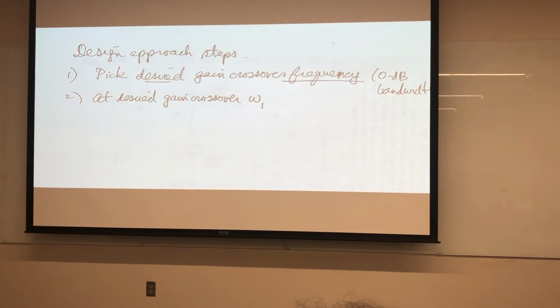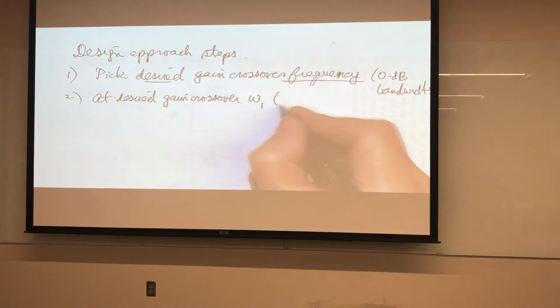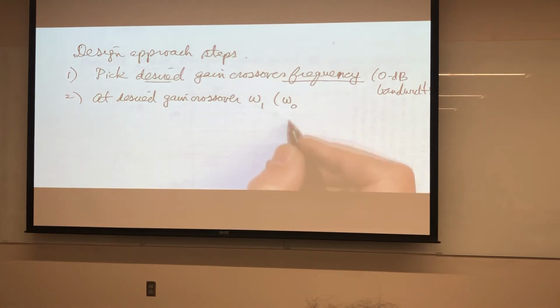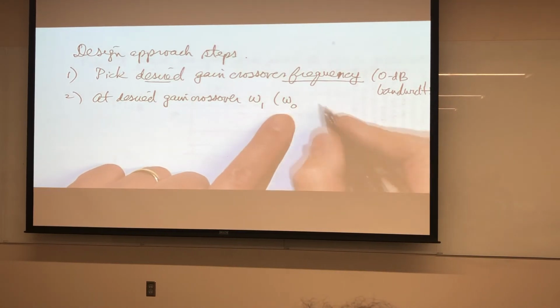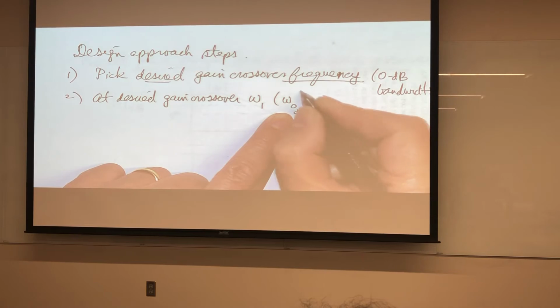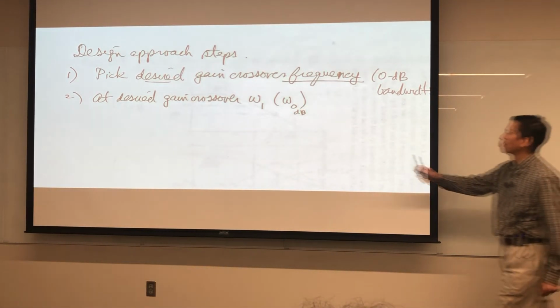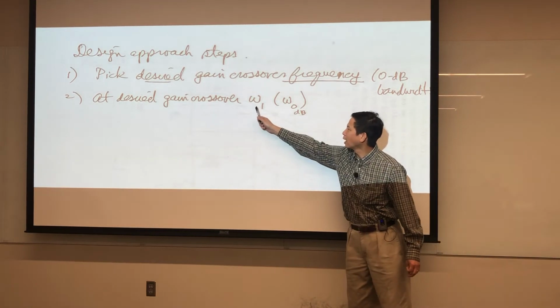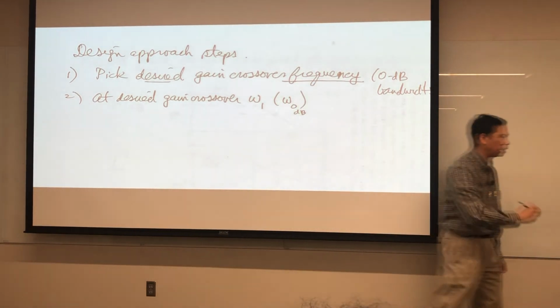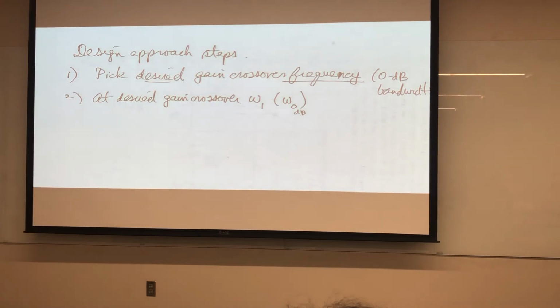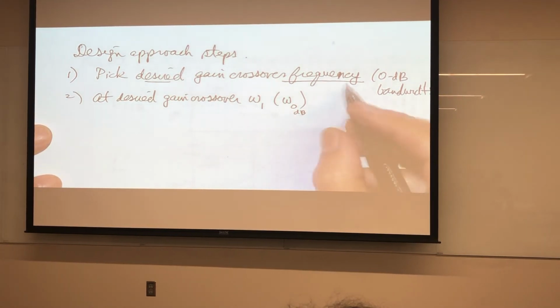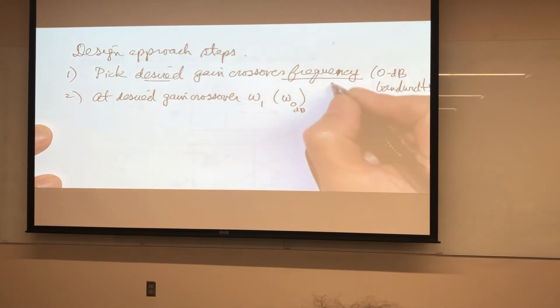Okay, so you can call it omega 1. Sometimes in my notes I call it omega 0. This is a gain of 1. This is 0 dB. Okay, so these are the same thing. It just depends on my mood. Today I want to work in dB. Sometimes I want to work in gain. So you pick the desired gain crossover frequency, omega 1, call it omega 0. Understand the concept. Doesn't matter what you call it then.